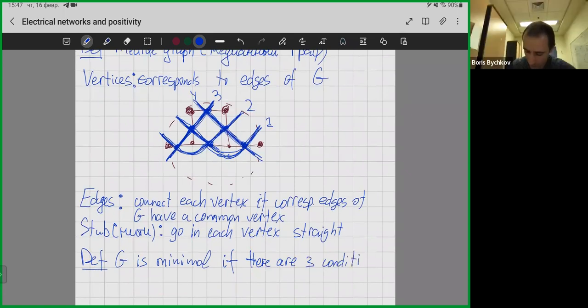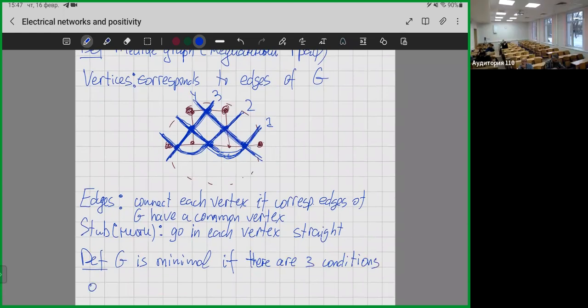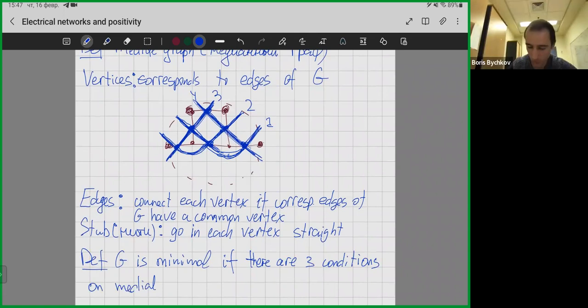What does it mean straight? Because we have all vertices, each vertex has degree 4, so we understand what it is to go straight in each vertex.